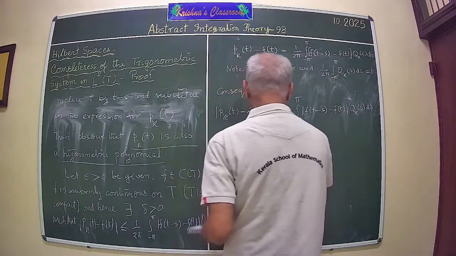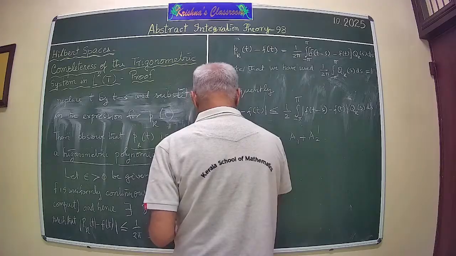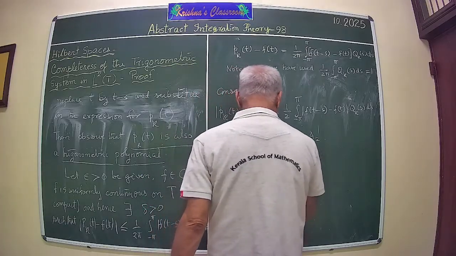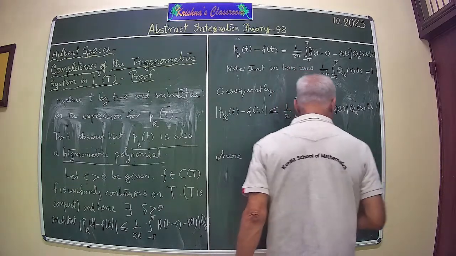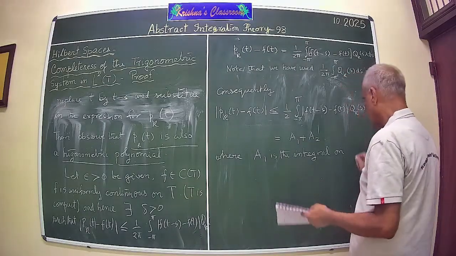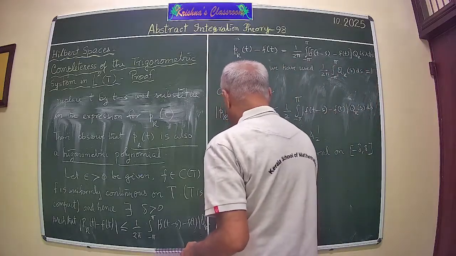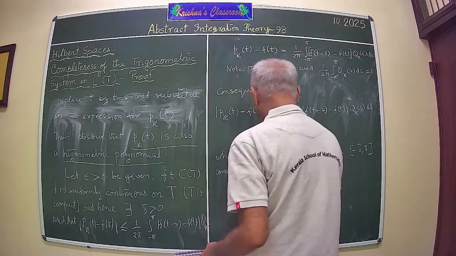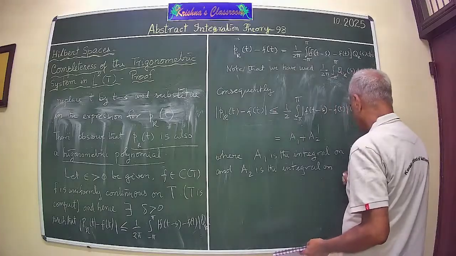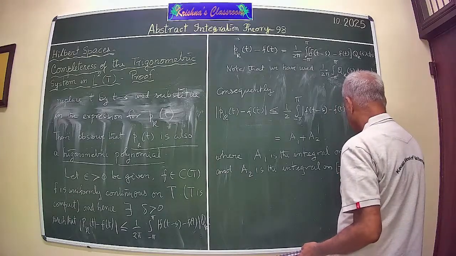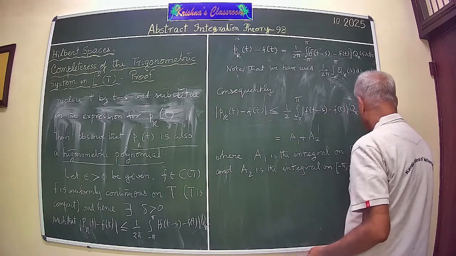Now we split this as two integrals a1 plus a2, where a1 is the integral on minus delta to delta, and a2 is the integral on minus pi to minus delta union delta to pi.